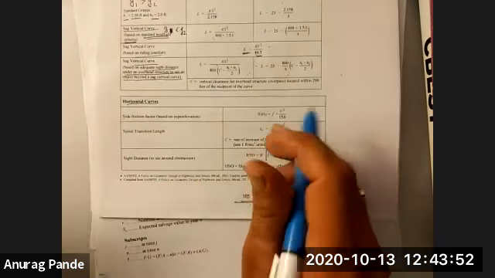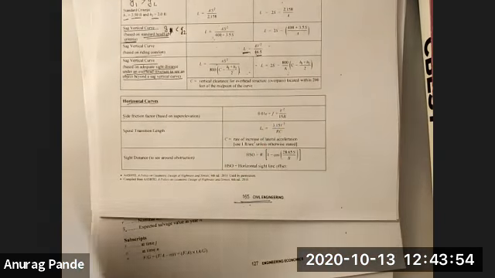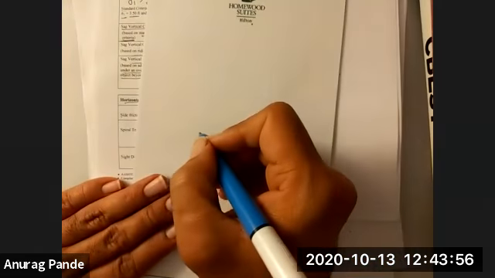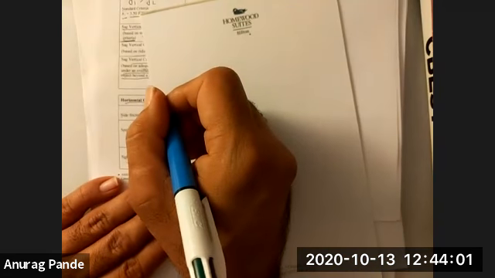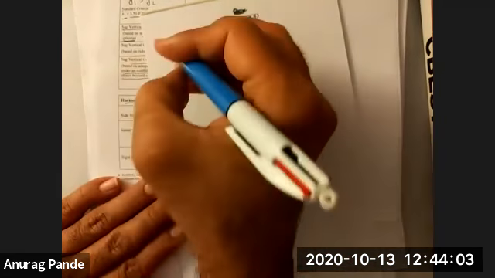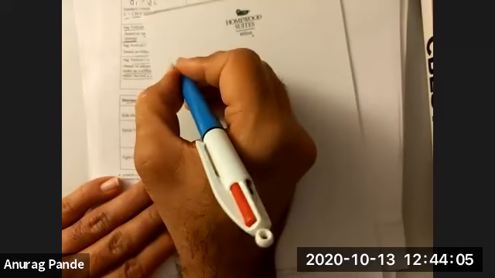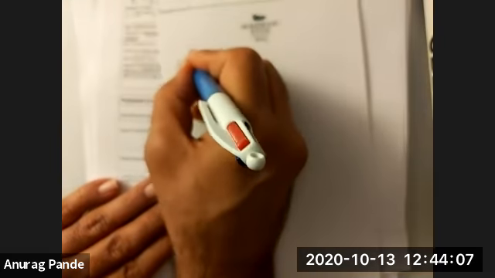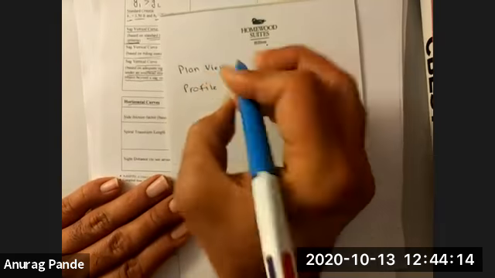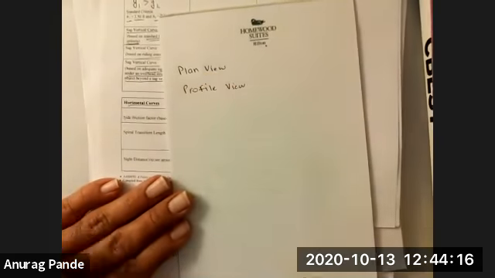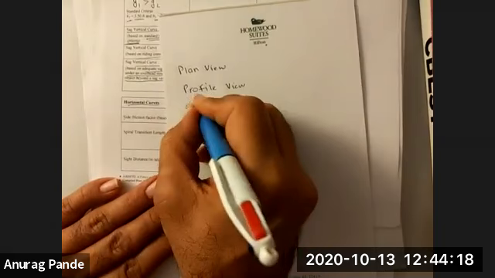The superelevation calculation is very important. Now remember, whenever you're looking at any kind of roadway cross-section or roadway design, you're talking about 3 things. You're talking about plan view, you're talking about the profile view, okay? And then you're talking about cross-section.